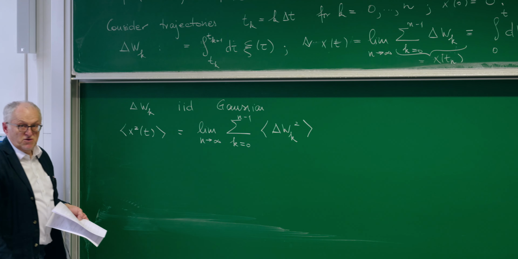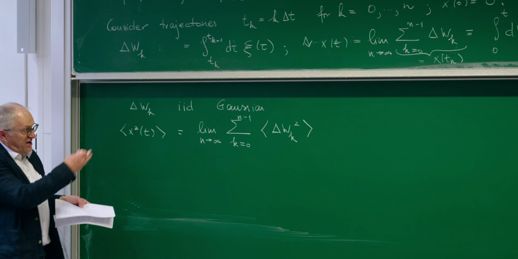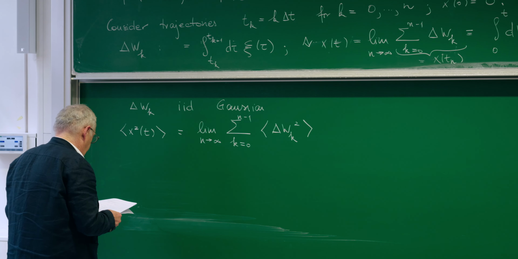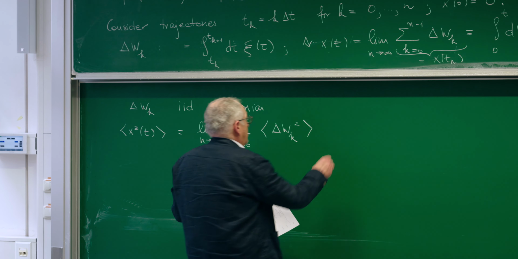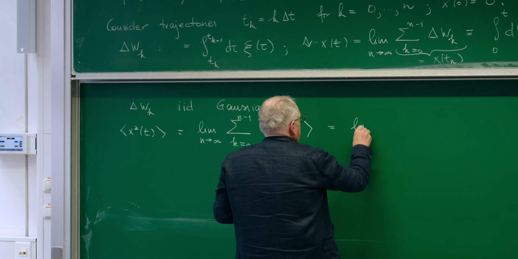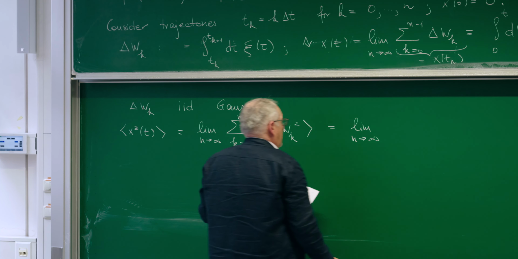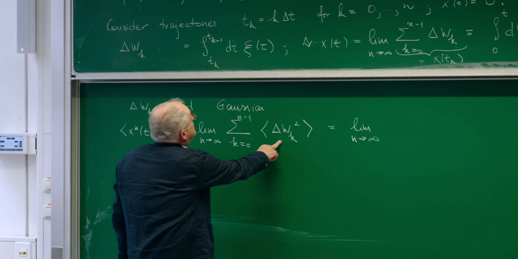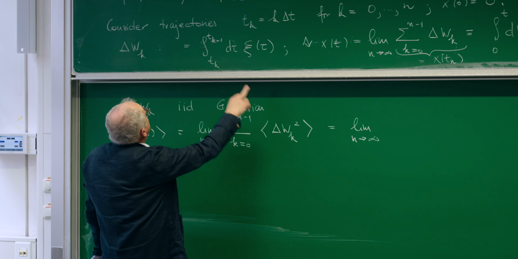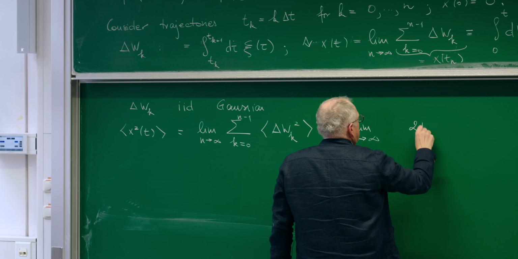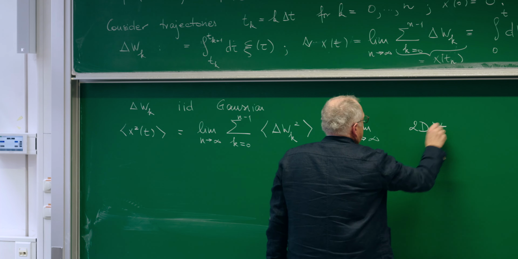Using that they're independent, I can neglect the terms with different coefficients. And that is the limit of n going to infinity. I do have from each of these delta w_k's, as I wrote it here, 2D times delta t. Right?